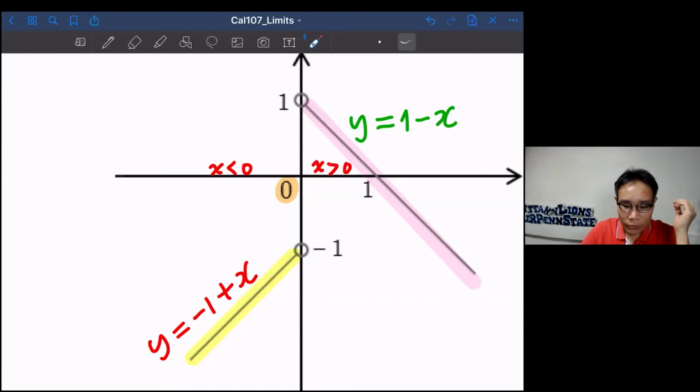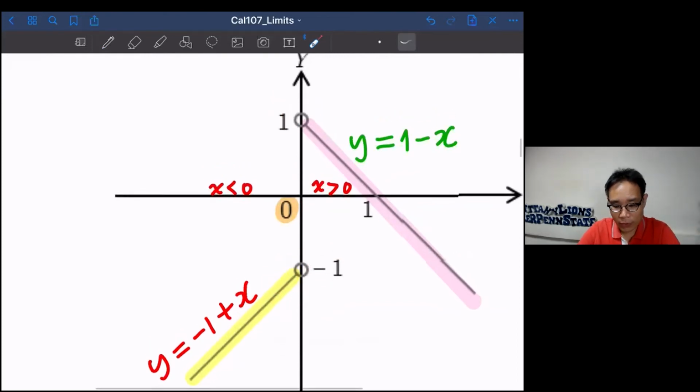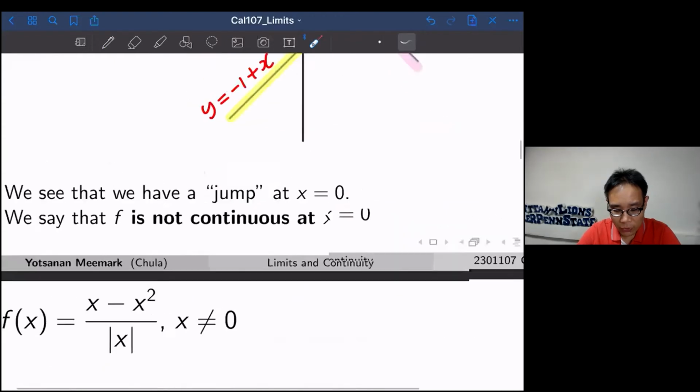You also see that at the point 0, you have a jump of the function. It goes from -1 to 1, so there is a jump of the function at x equal to 0.